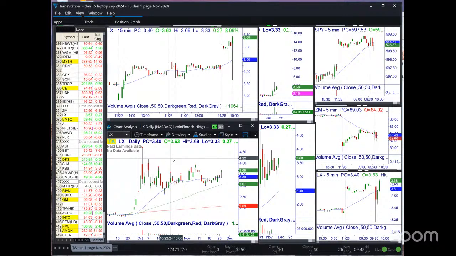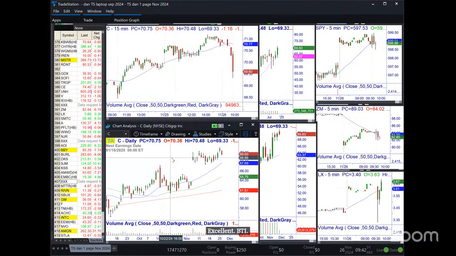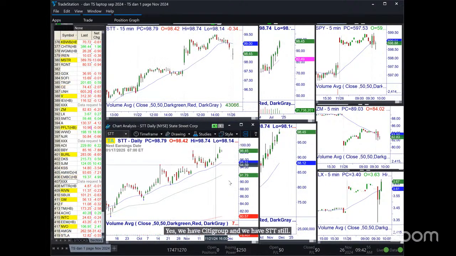Excellent. BTI. Yes, we have Citigroup and we have STT still. STT, let's move the stop low, 98.13.